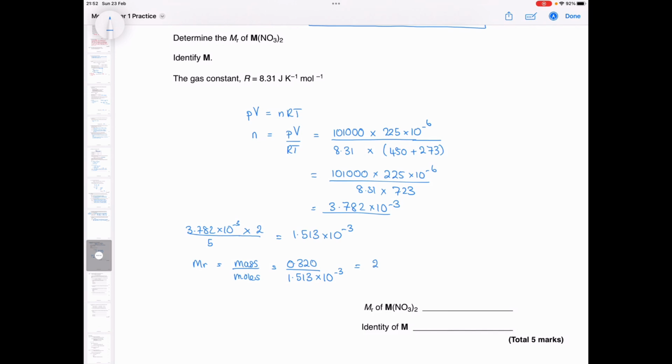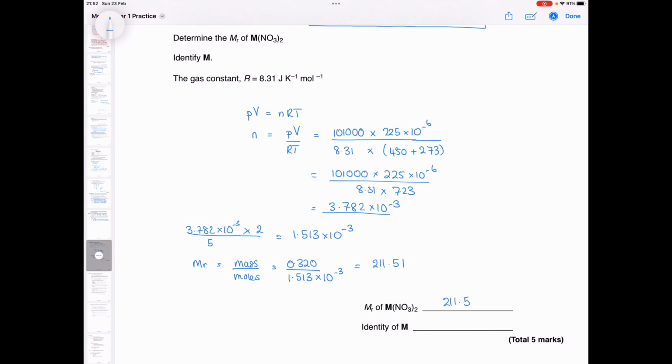Which gives us 211.51, and that's the Mr of our M nitrate.